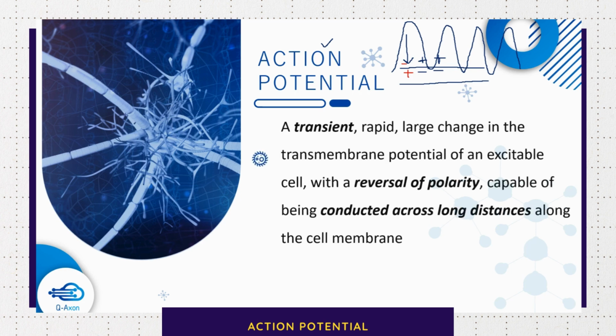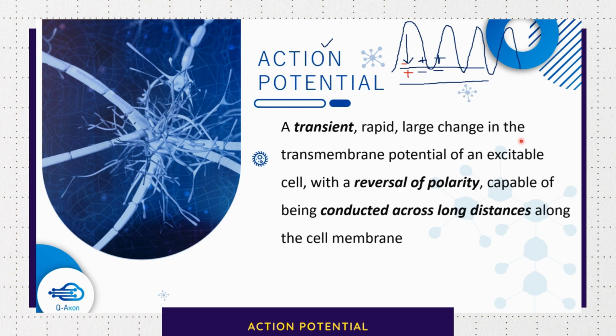But the more technical definition of the action potential is this. So we define an action potential as a transient, meaning it lasts for only a short duration of time. So it is transient, it is rapid, and as we saw, it is quite large.